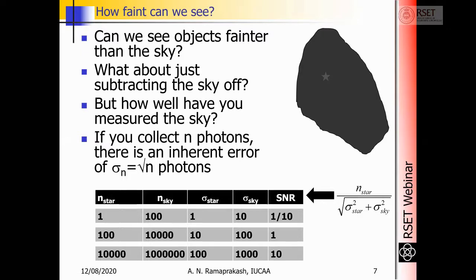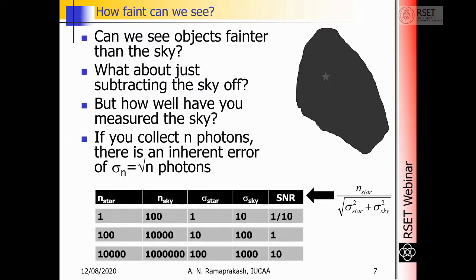So that is the game astronomers play. By making bigger and bigger telescopes, they collect more and more photons, such that the fractional uncertainty, which goes only as the square root of the total photons collected, is smaller and smaller compared to your signal. And thereby you can see any amount of faint object.